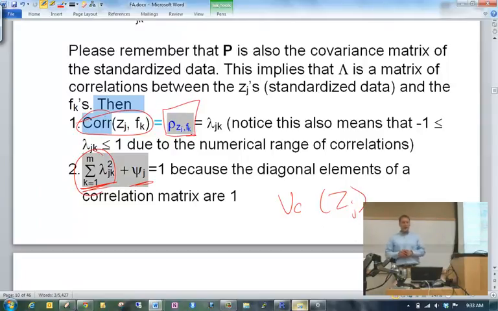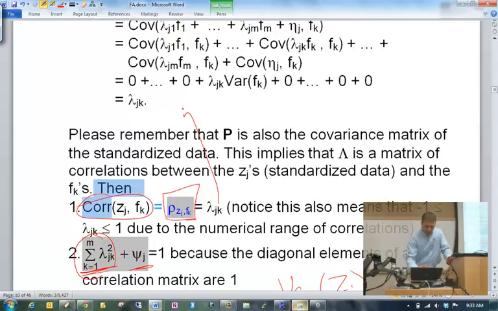This correlation between z sub j and f sub k is lambda sub jk. Why is it that? Well, it just comes from using that result up there. But also notice what this means for us, too, is that these lambdas now have a particular numerical range to them, because the correlations are between -1 and +1. So it means these lambdas in our factor loading matrix have to be between -1 and +1.